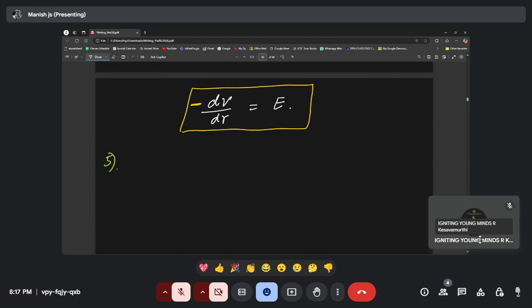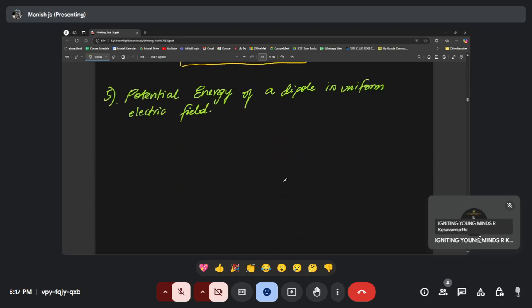Now we are going to see what is the potential energy of a dipole in uniform electric field. Now for this also, children, there is a relationship. Okay, a simple relationship.